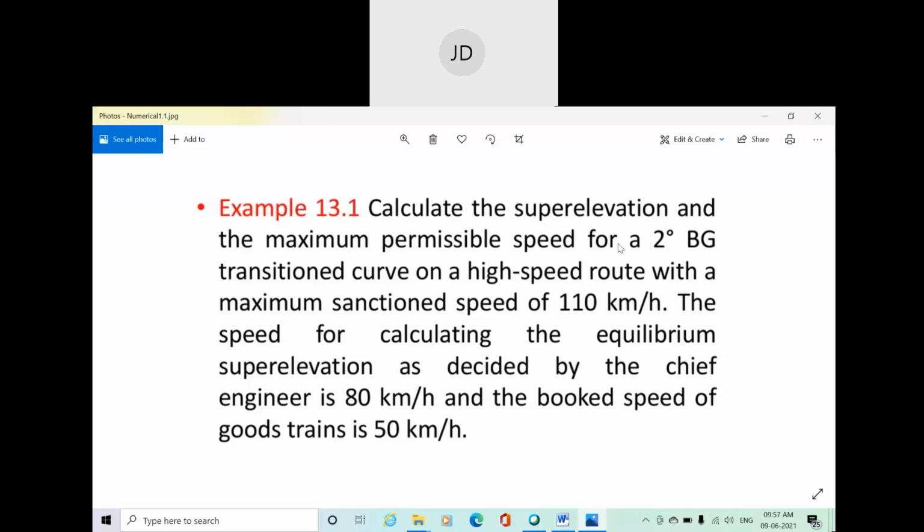Now, how can you find out the radius? The degree of the curve is given to you, and you know the relation between degree of the curve and radius of the curve. So by correlating the degree of the curve with the radius, we can first find out the radius, and using this radius, we can find out the equilibrium super elevation.